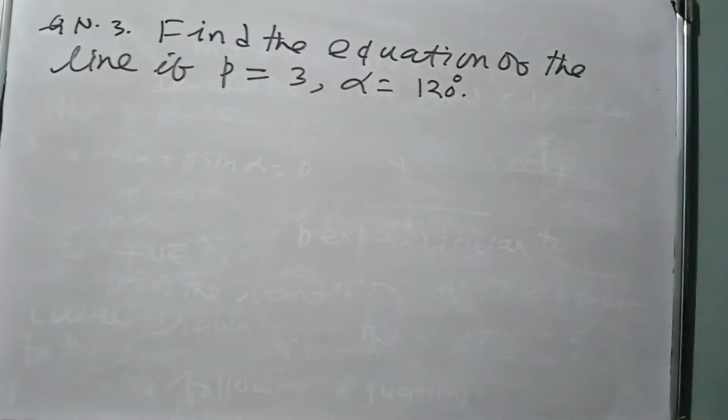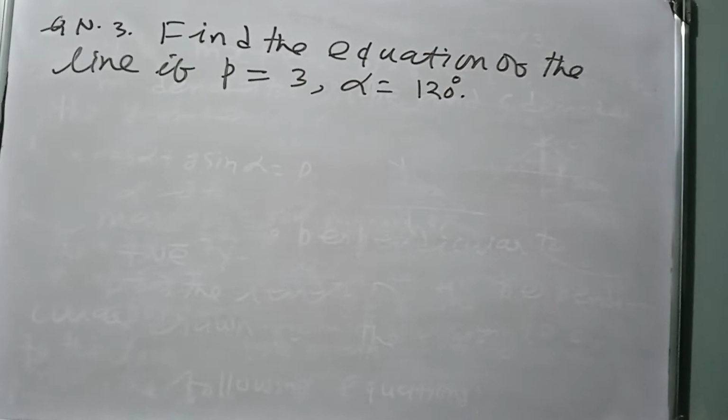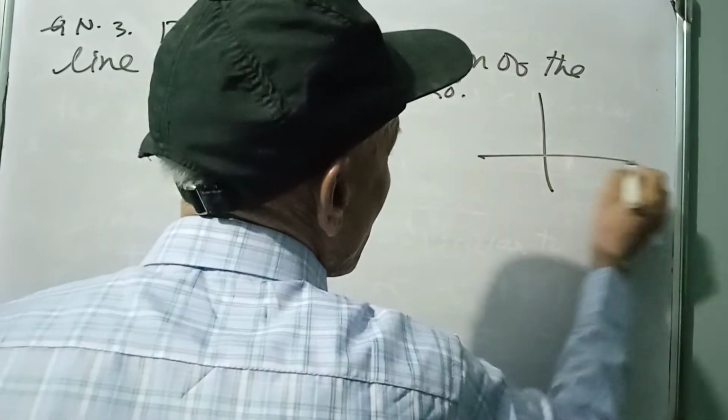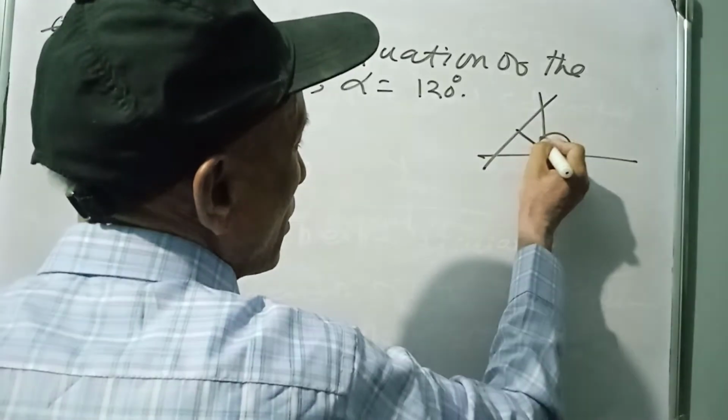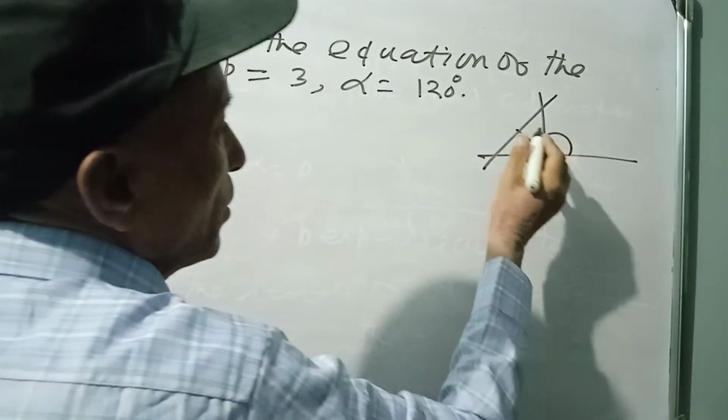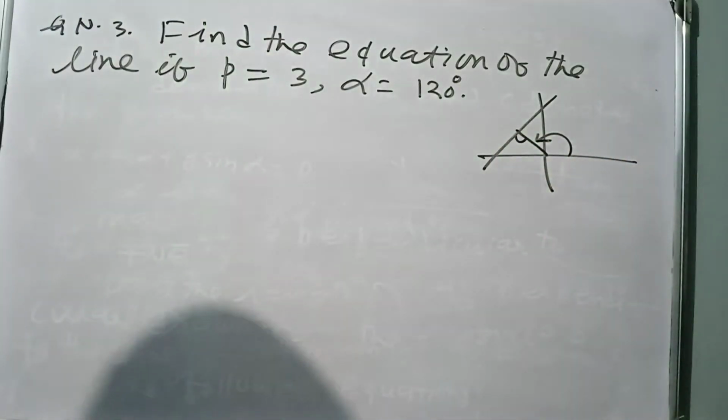P for perpendicular and alpha for 120 degree. Alpha 120 degree, when? Second quadrant. Alpha is the angle made by the perpendicular with the x-axis.